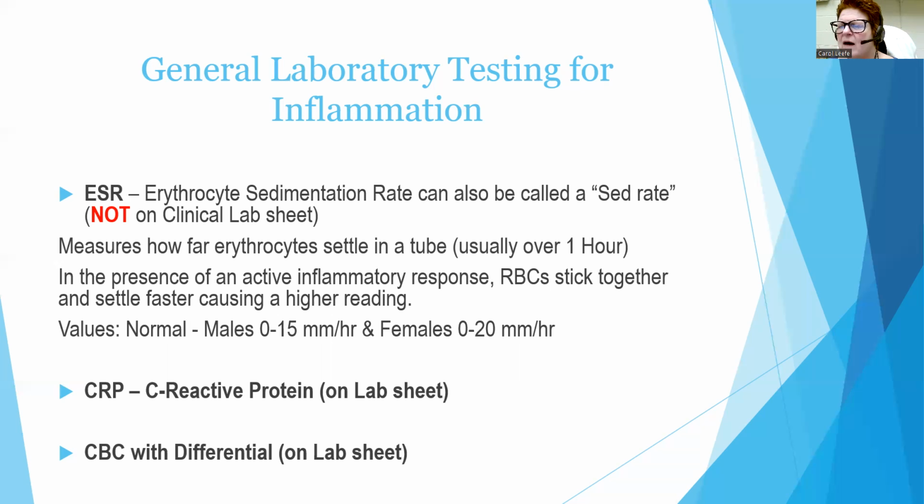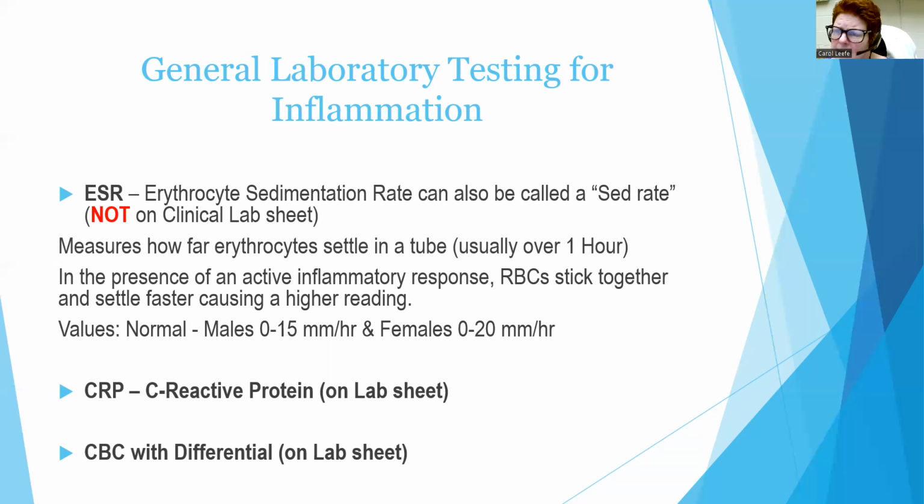But it measures how far erythrocytes, or red blood cells, settle in a tube, usually over 1 hour. In the presence of an active inflammatory response, those red blood cells stick together and settle faster, causing a higher reading. So the values that are normal for males are 0 to 15 millimeters per hour, and for females, 0 to 20 millimeters per hour.